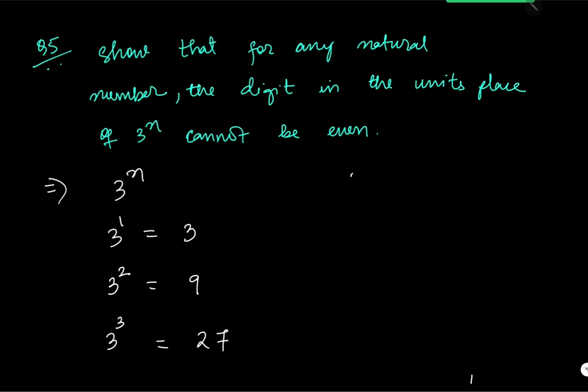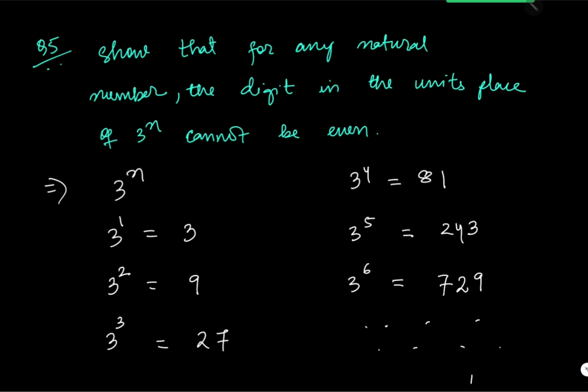If I substitute 4, then I will get 81. If I substitute 5, then I will get 243. If I substitute 6, then I will get 729. Let us observe the pattern.